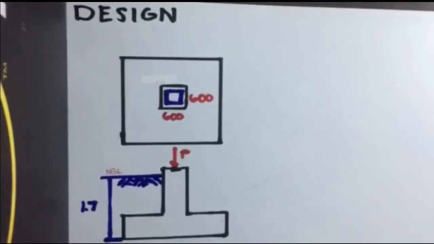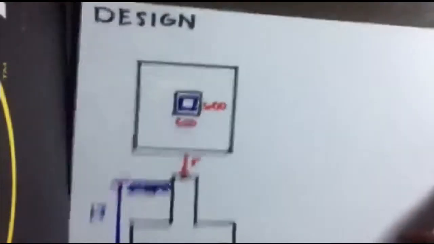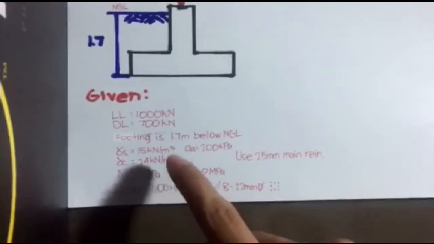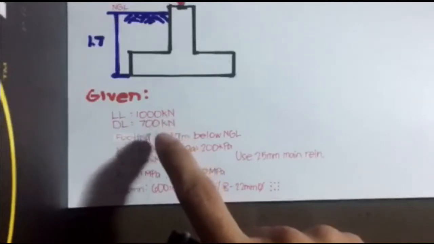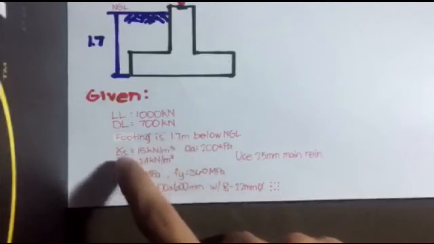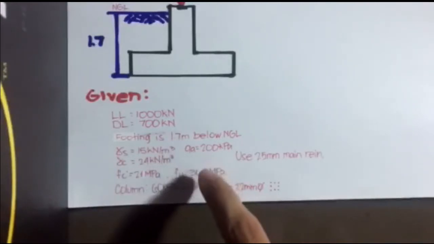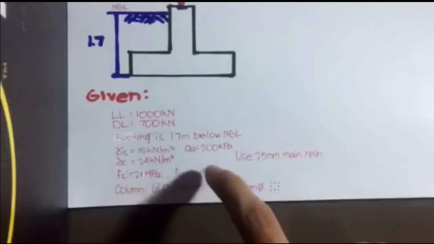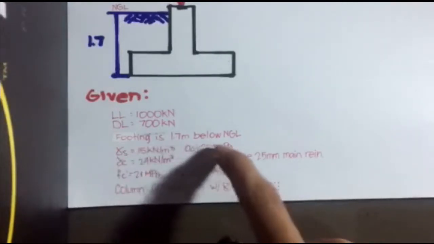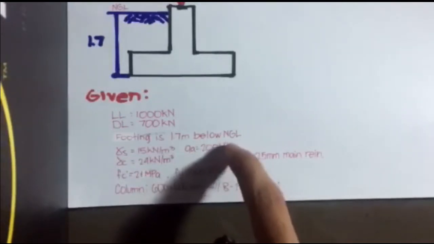Design a square isolated footing to support a live load of 1000 kilonewtons and a dead load of 700 kilonewtons. By the way, these are the givens. The allowable soil pressure is 200 kPa and the footing is 1.7 below NGL.